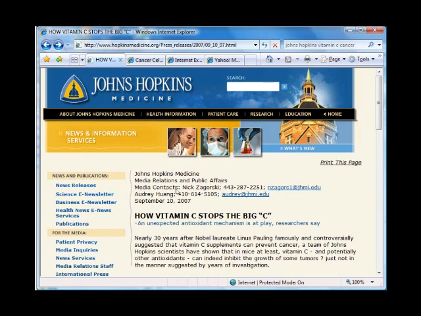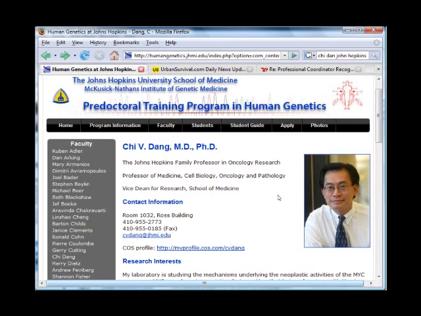This is the report from Johns Hopkins University that discovered that vitamin C can reverse the cancer cell. They explained it at the molecular level, at the DNA level. This is a professor at Johns Hopkins University, his lab, who just studied cancer.